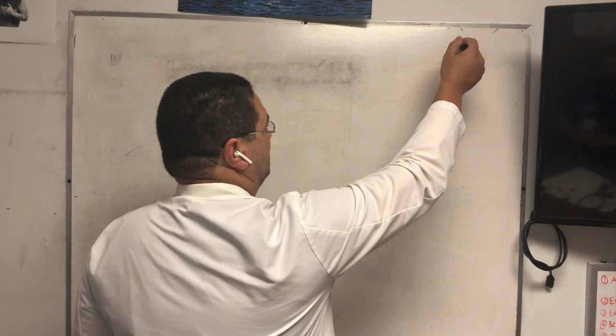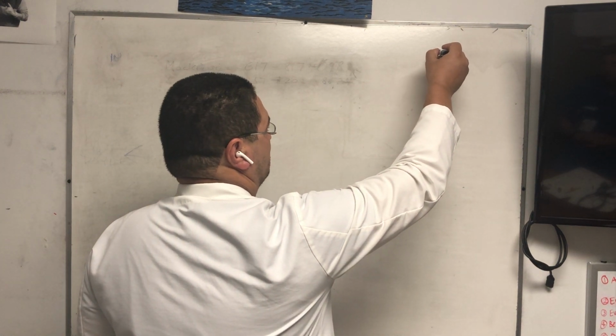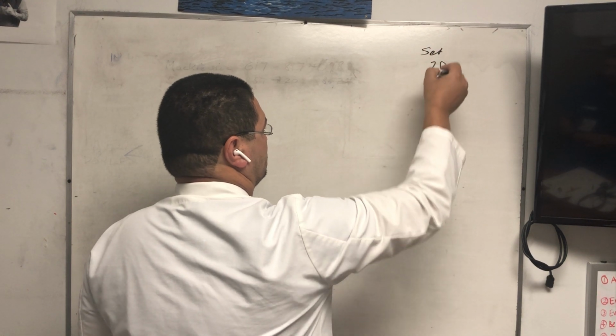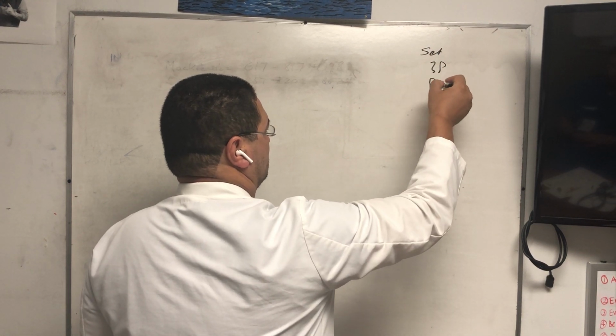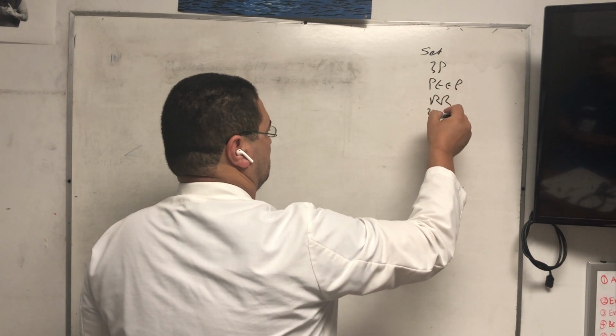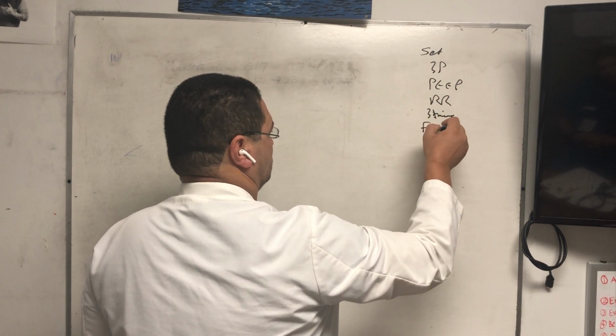Just to remind everybody, the pressure control set parameters are inspiratory pressure, PEEP, respiratory rate, I time, and FiO2.